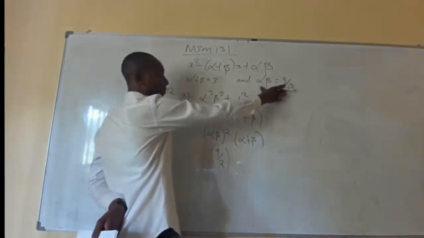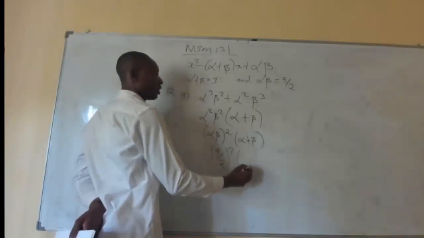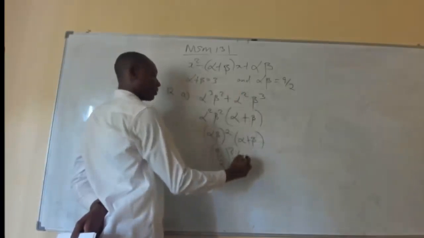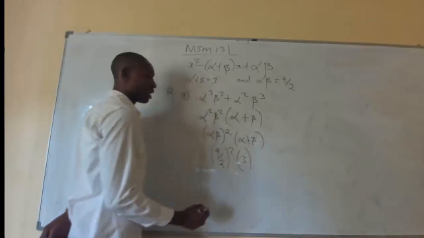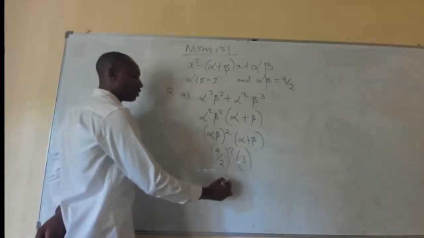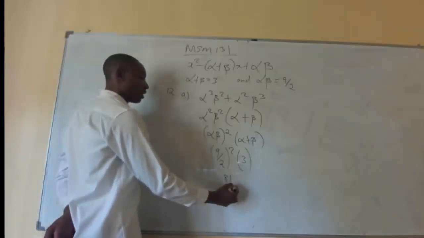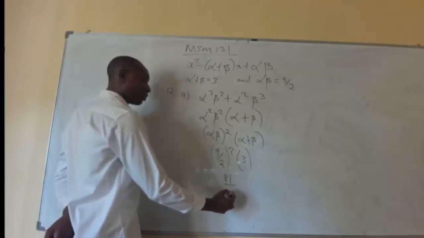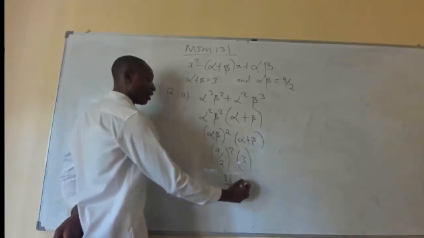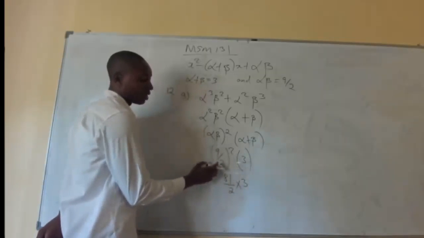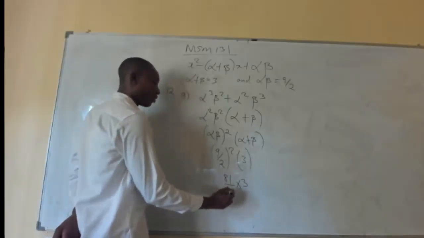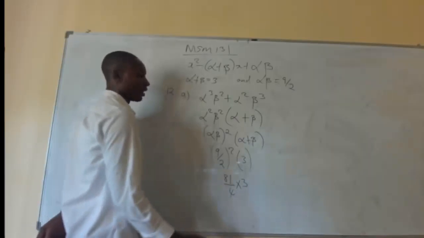Do we know what the sum is? The sum is 3. So now we have 81 over 4, multiplied by 3. 9 times 9 is 81 and 2 times 2 is 4.